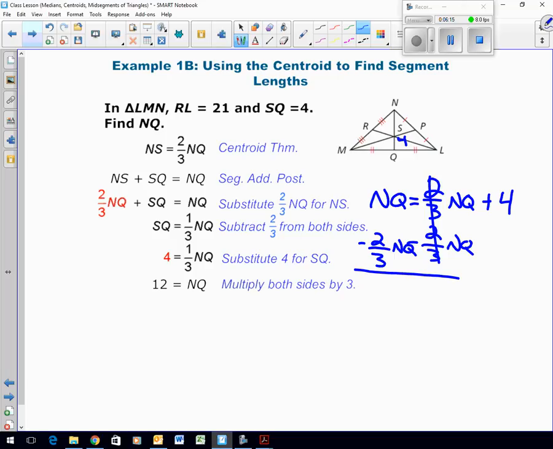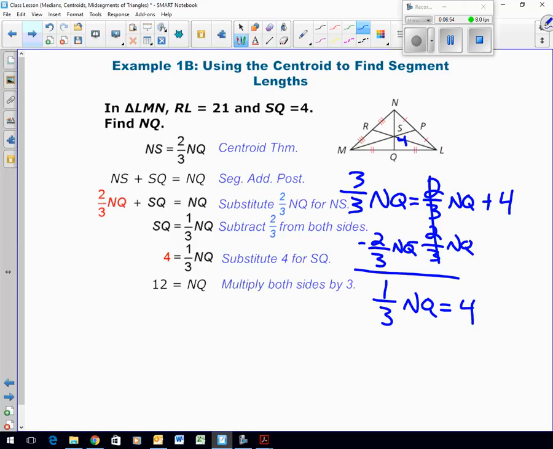Ignore 2/3 for now. If I put 1 in fraction form, and I have 3 as my denominator, what would my numerator be? 3. So a full 3/3 of N to Q would be the total distance from N to Q. It's 3/3. I told you it was kind of strange.